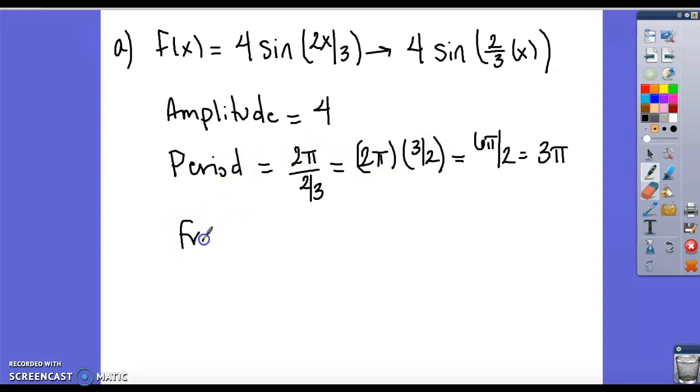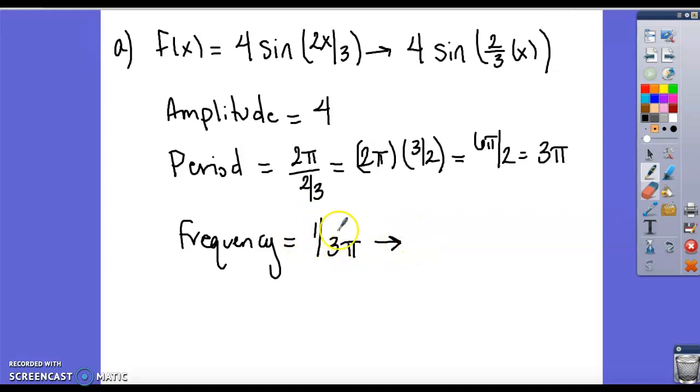Okay, the frequency is just the reciprocal of the period. So in this case, it's 1/3 pi. Really, we know that if this is the period, one full cycle of the graph is 3 pi units long. And that's literally what the frequency is telling us.